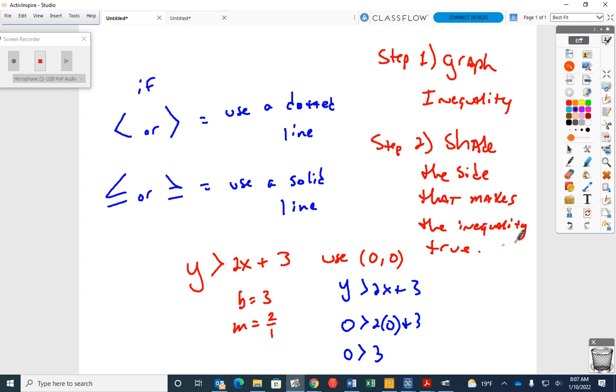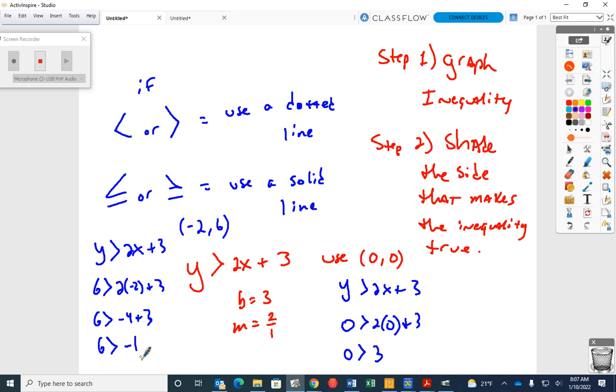If I take my inequality, y is greater than 2x plus 3, and you said -2, 6, that means my y is 6 and my x is -2. What's 2 times -2? -4. Okay, what's -4 plus 3? -1. So 6 is greater than -1.